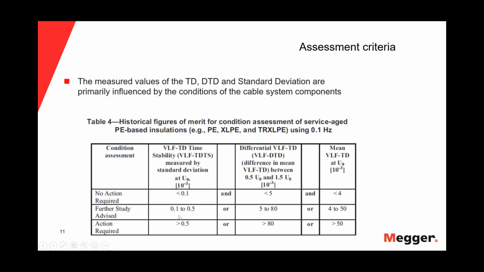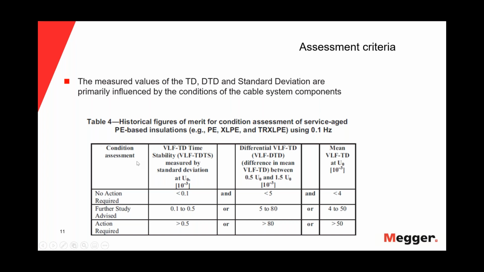The assessment criteria: the measured values of the TD, DTD, and standard deviation are primarily influenced by the conditions of the cable system components. Table 4 gives the historical figures of merit for condition assessment of service-aged PE-based installations, e.g. PE, XLPE, and TRXLPE, using 0.1 hertz. This is the table in 400.2.